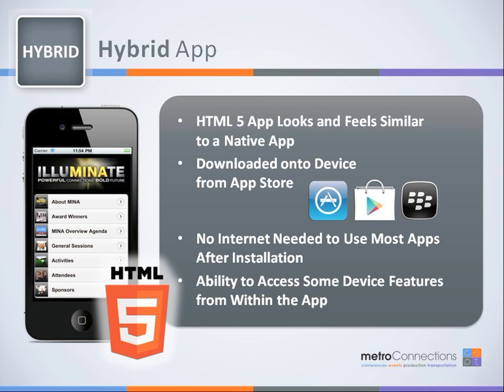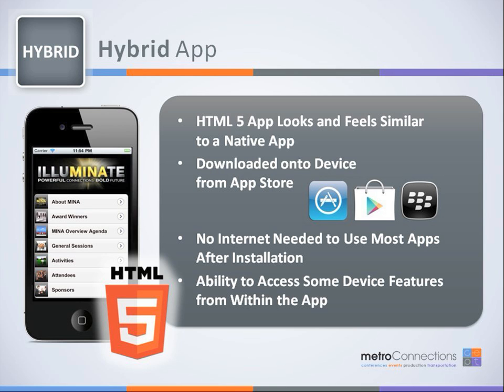So you still have to go through the device app store process, and so you still have to build it for multiple operating systems. You can play most of it offline, and there is the ability to use some of the device features like with the native app, and we'll talk more about that as we go through the feature sets.